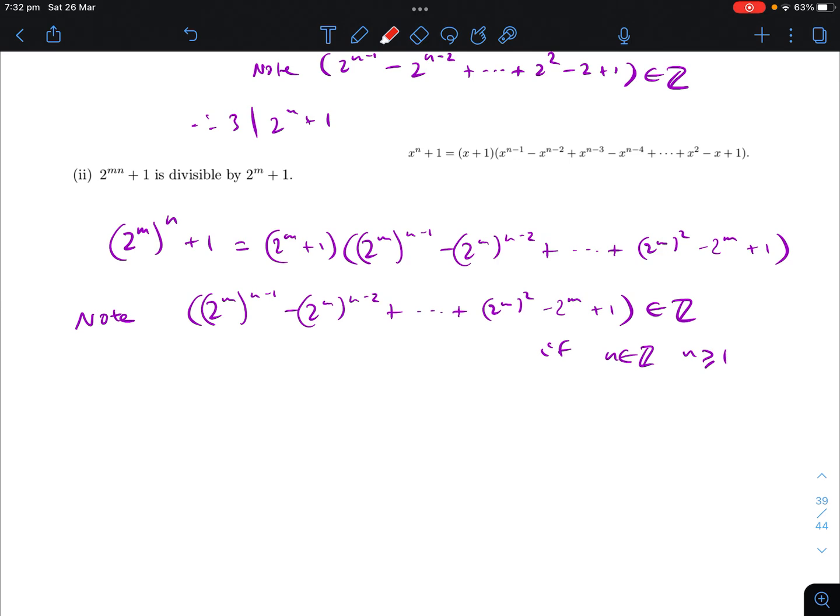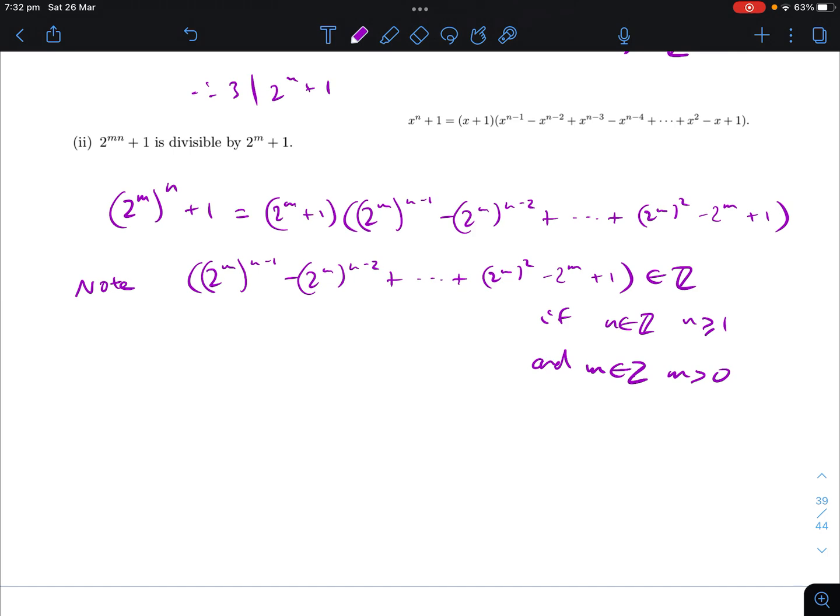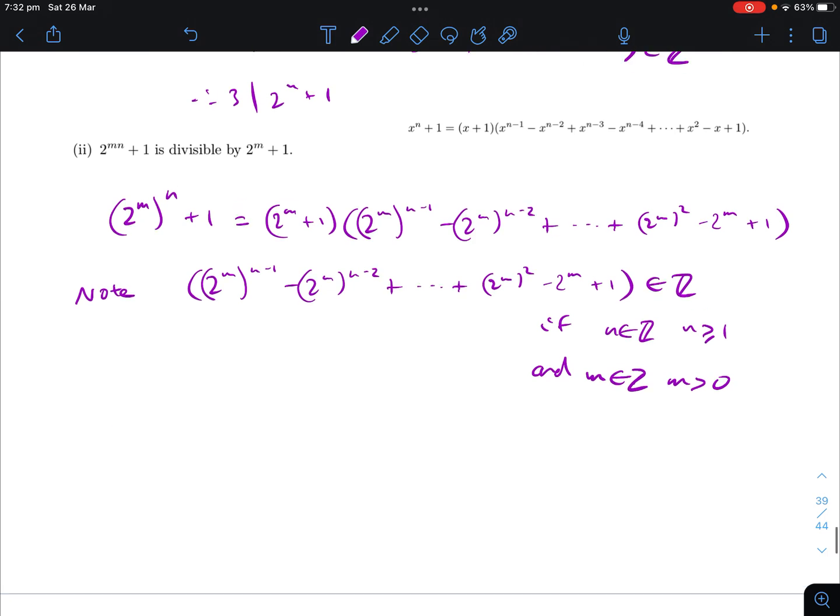You're obviously talking about the divisibility of numbers here, and divisibility really only applies to integers. So you're going to need m to be a positive integer for 2 to the m plus 1 to be an integer. I've probably talked enough here; I'm sort of talking in circles. But if n is a positive integer and m is also a positive integer, then that's true.